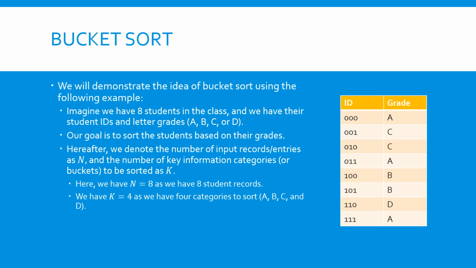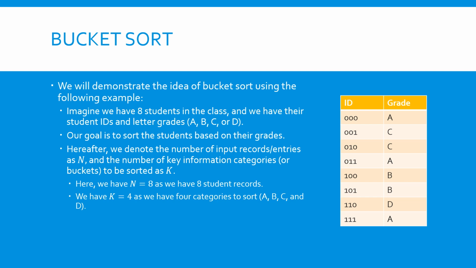Let's take a look at this example. Say we have 8 student records and we want to sort them based on their grades. We denote the number of records using the variable n, so here we have n equals 8. We also denote the number of key information categories, or the number of buckets, as k.